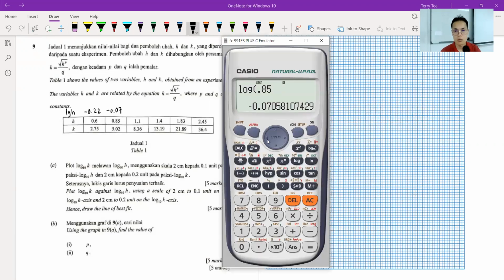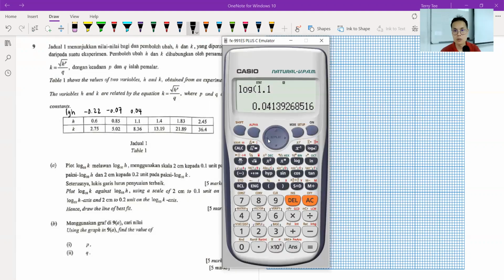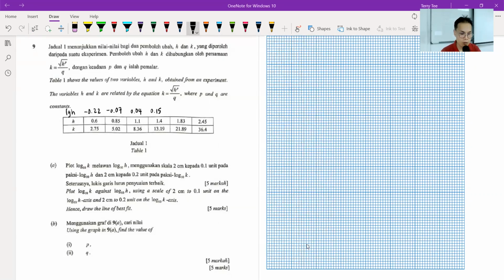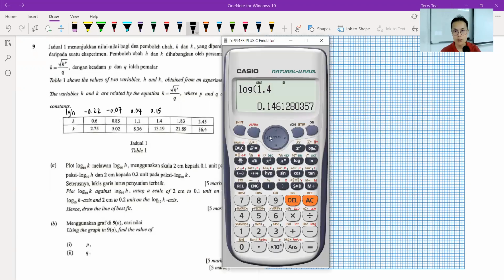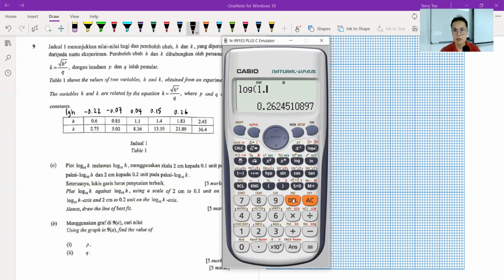Let's do log 1.1, this will give us 0.04. Log 1.4 gives us 0.15. Next, log 1.83 gives us 0.26. Then log 2.45 gives us 0.39.